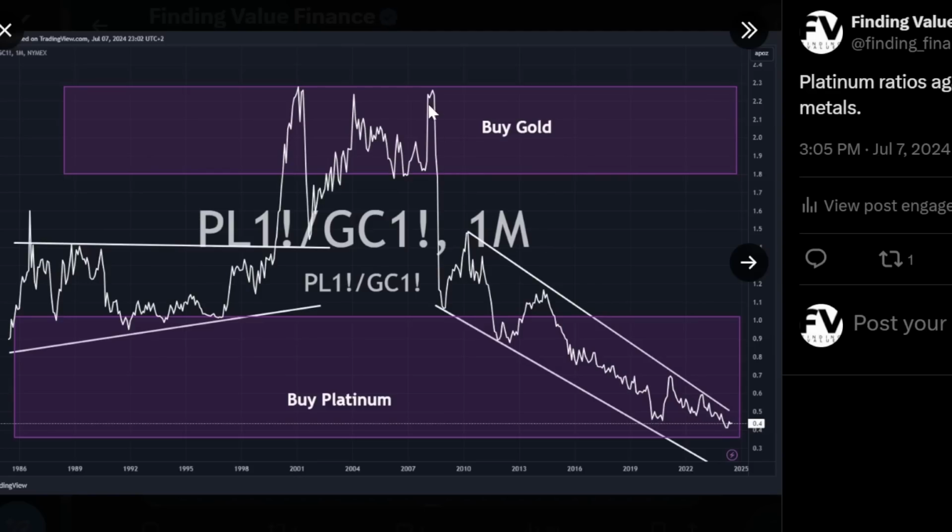So rather than buying platinum here, if you had known that gold is a better buy in this area, you'd buy a bunch of gold, you could swap it down here, and you would have essentially gotten 4 times your metals in terms of platinum buying gold at 2008. So that's the power of this. You can really start to increase your purchasing power against other metals using this ratio.